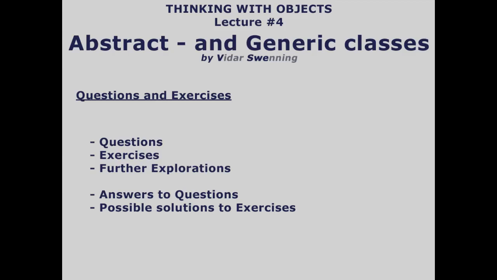And the answers to the questions exist, so you can check if you were correct. And then we have the possible solutions to the exercises, so you can check a possible solution. Observe that that's not the only possible solution. While the further explorations, of course, have no possible solution, because it's just you that is supposed to continue on your own.